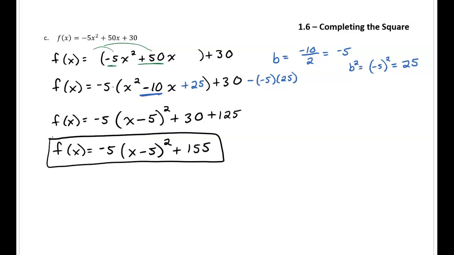So the key, right? A couple of things as a takeaway. It's always just the number divided by 2 and then you square it. That's what you're going to add or subtract. You have to make sure if you factored anything out from the beginning, because this only works if you have an x squared.